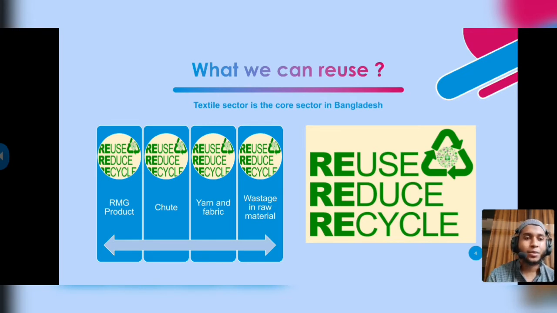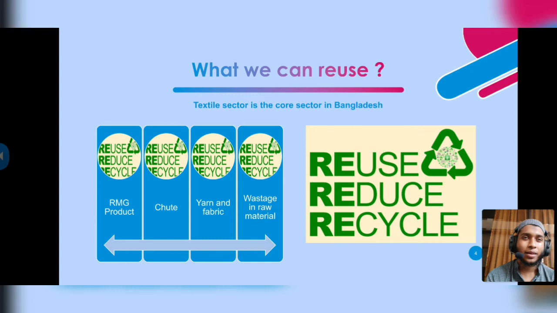When we wear RMG products, when we buy, then after using for several times, we dispose of it. In this case, we will not do the same thing. We will give it to other people who need it actually, who are in need.